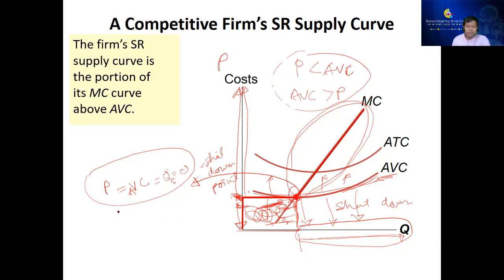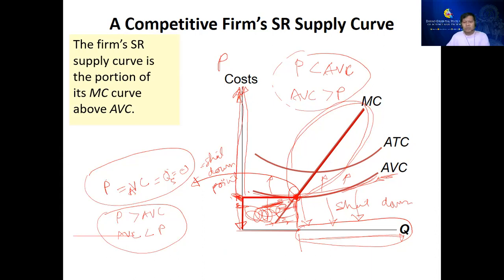So for the firms to be profitable, it should operate where price is greater than average variable cost, or the average variable cost should be less than the price. So this is profitable. So kaninga area, no? Where price is above the AVC.